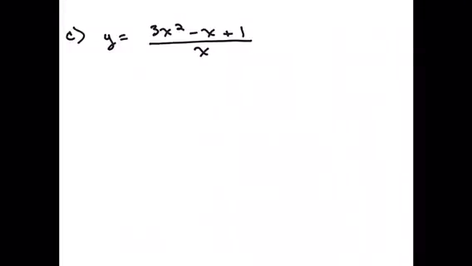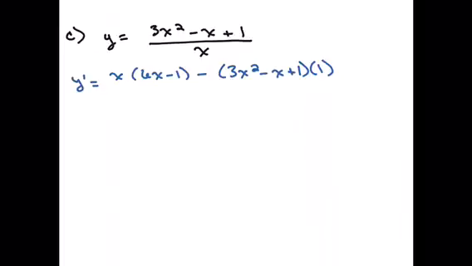Okay, let's try another one. If we do the quotient rule on this, for my first derivative, I get low d high, which is 6x minus 1, minus high d low, which is just 1, over low squared.